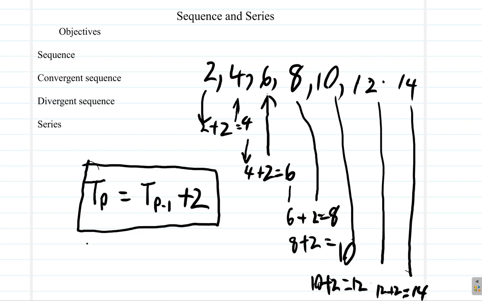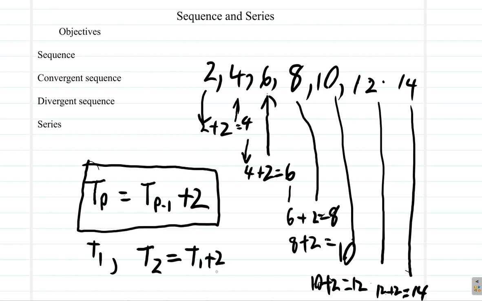So the first term would be T1. You wouldn't have a term before the first term. The second term, T2, is equal to T1 plus 2.